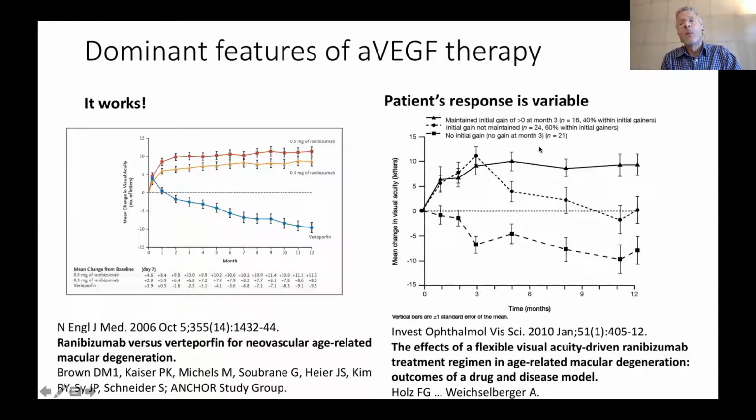So what the outcome of this study indicated is that if patients aren't treated aggressively, then some of them will have declining vision. So some patients need monthly treatment in order to maintain good visual acuity.